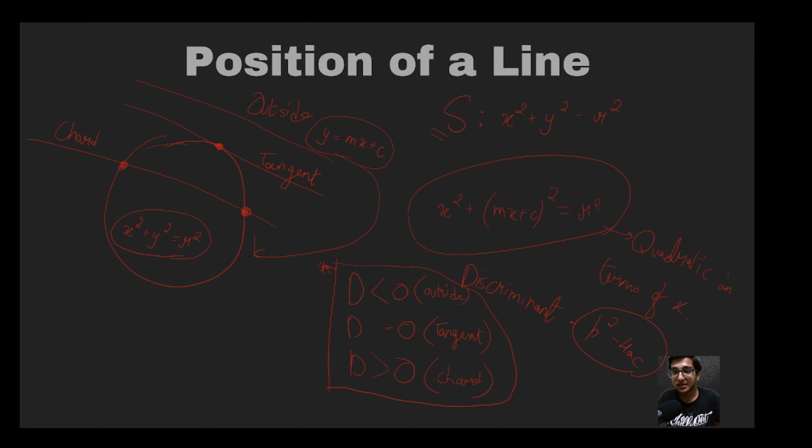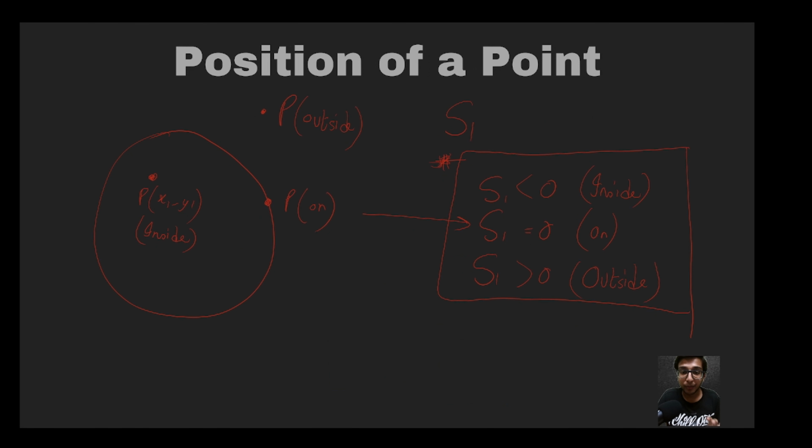You have to use this discriminant formula only, where you put the value of one of the variables in the equation of the other, and then make a quadratic, find out the discriminant and check according to its value, whether it is negative, 0 or positive, whether the line lies outside the circle, whether it is a tangent or it is a chord. So these are important concepts that you need to remember about point and line.